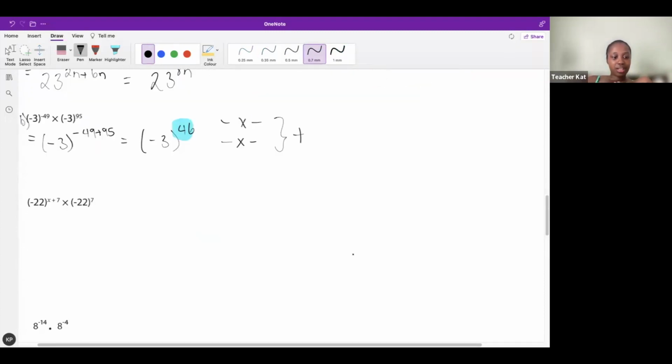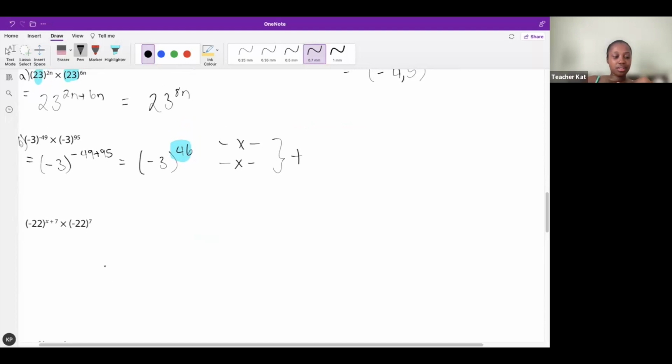Okay, now we have a next one here. Negative 22 to the power of x plus 7 times negative 22 to the power of 7. All right, this is number C. Let's see, negative 22 to the power of x plus 7 times negative 22 to the power of 7.